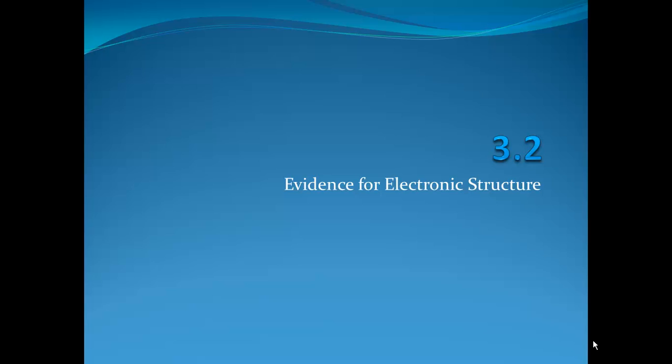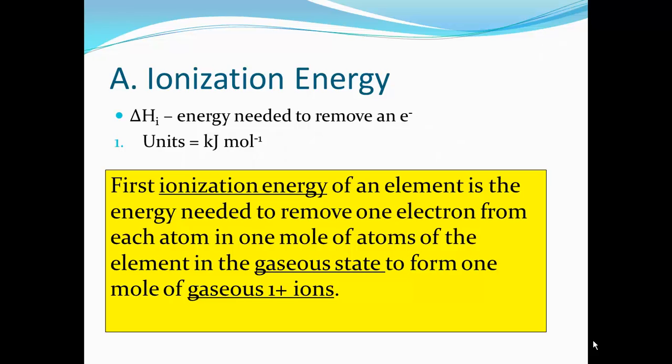All right, part 3.2. The evidence of electronic structure, so more elaborate. The first and most important part of a bond is the ionization energy. Now, ionization energy is basically how much energy it takes to remove an electron.